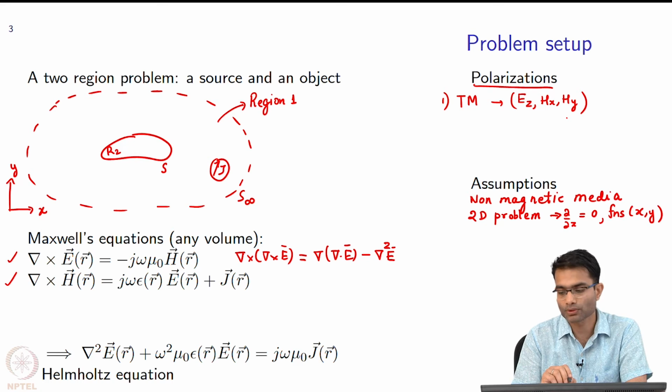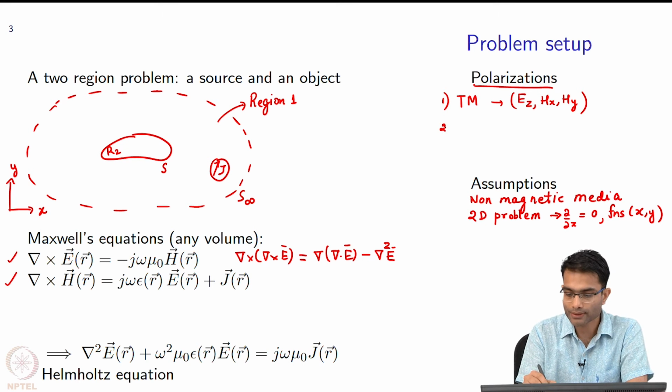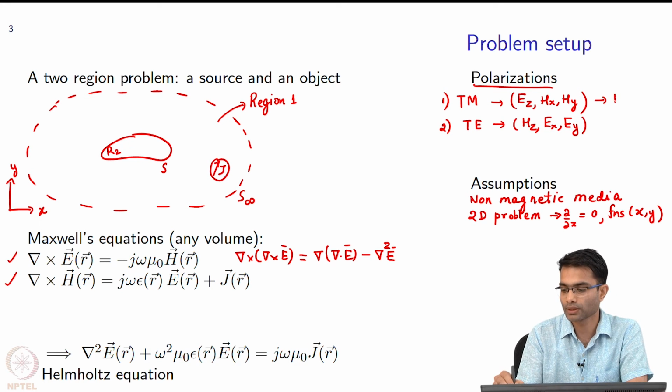These are the unknowns in the case of TM polarization, and analogously for TE polarization, the other set of unknowns are there. So, what would be the unknowns? Hz, Ex, Ey, right. So, here we are saying Hz is equal to 0, here we are saying Ez is equal to 0.